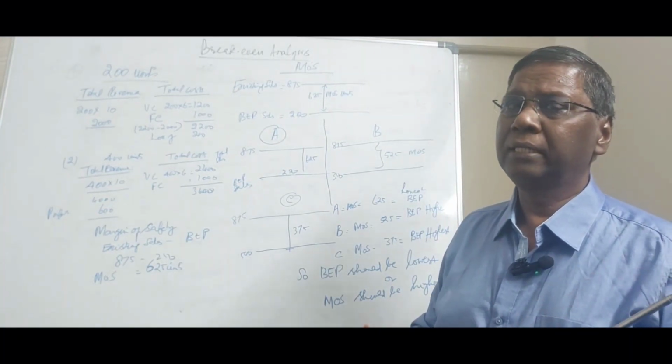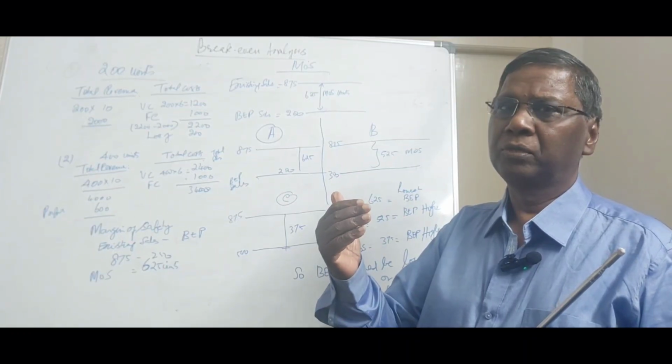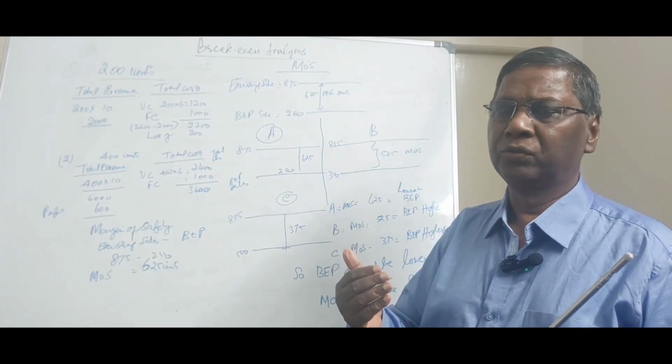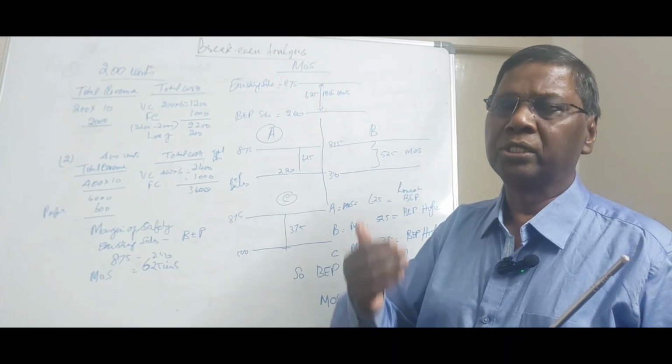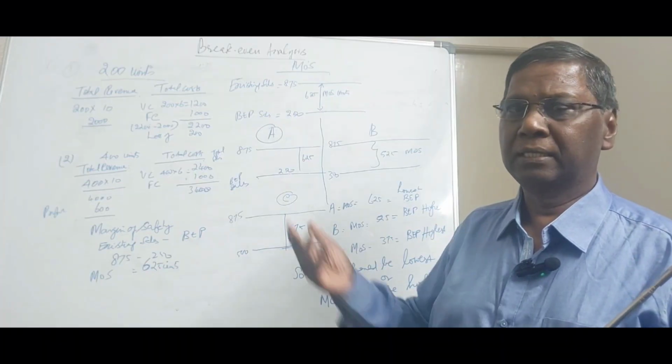Now let us see, supposing it comes below, supposing it goes above. If the sales fall below 250, you will incur a loss. If the sales go above 250, you make a profit. Let us test a small example.